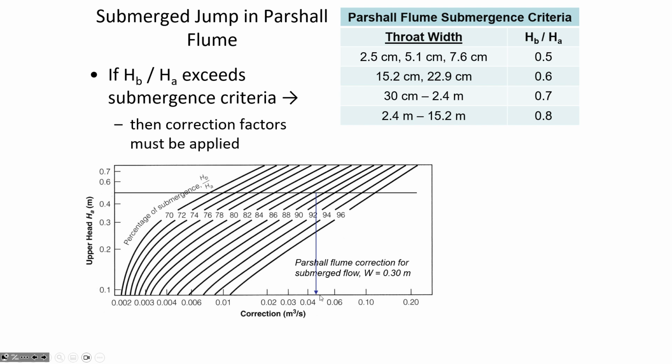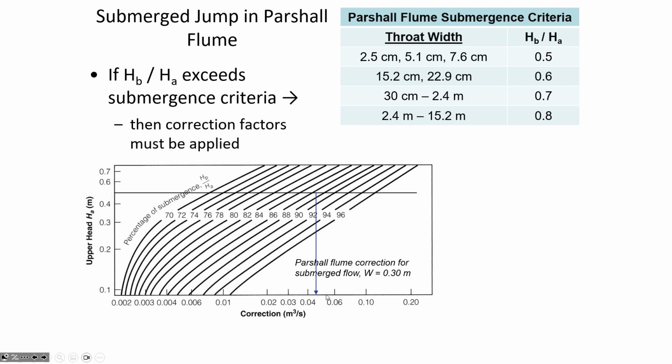So 0.05 would be about here. So we're not quite halfway between 0.04 and 0.05. So that's why I said 0.044. So the correction is 0.044 cubic meters per second.